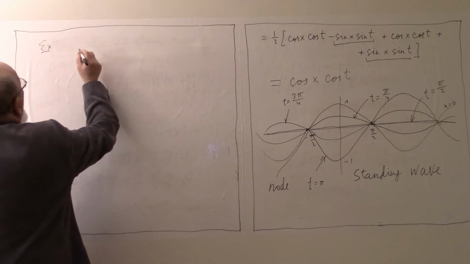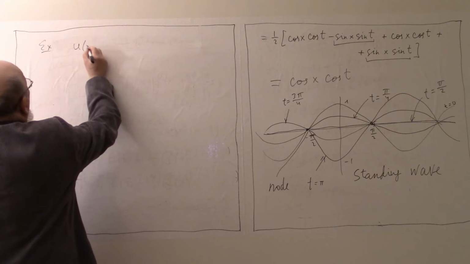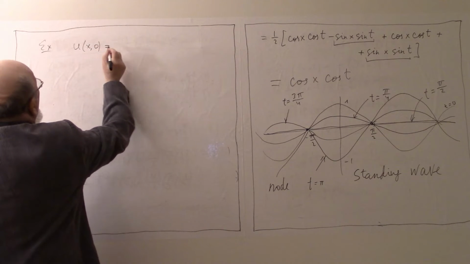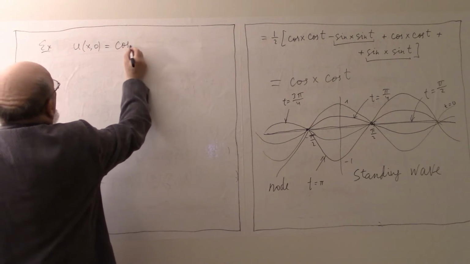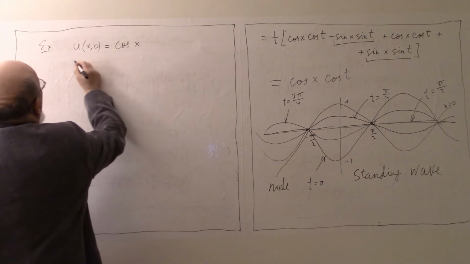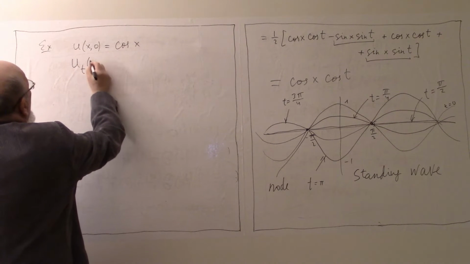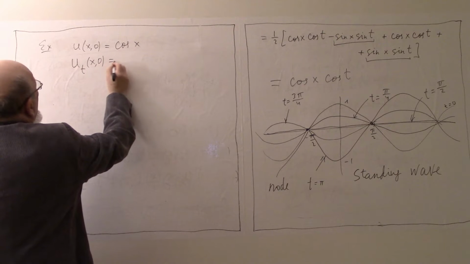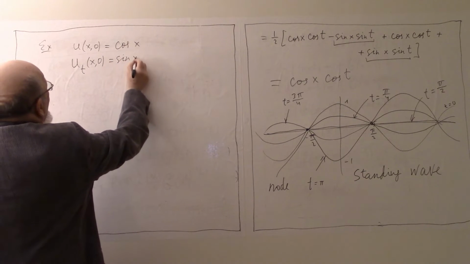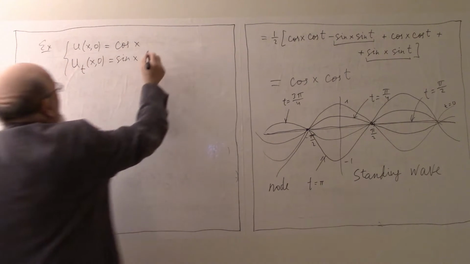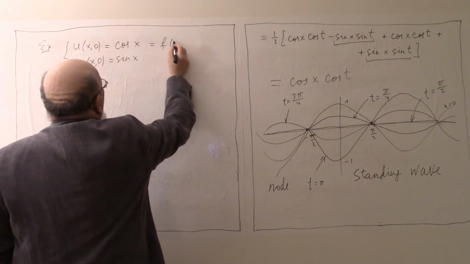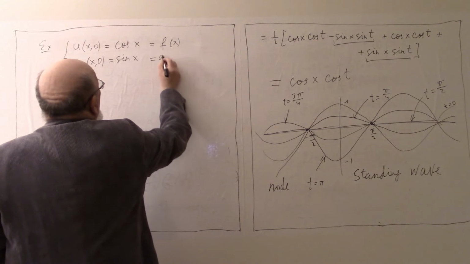Another example: u of x, 0 equals cosine x, u_t of x, 0 equals sine x. So f of x is cosine x, and this is g of x.